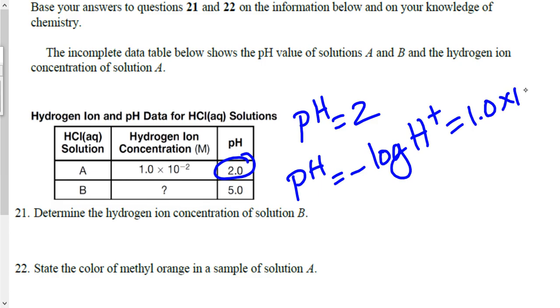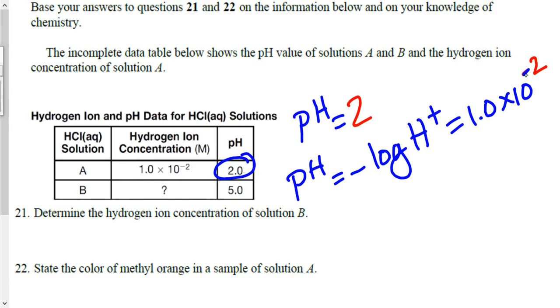So when the pH was 2, the hydrogen ion concentration was 1.0 times 10 to the power. I'm going to change this color, focus on the color. So when the pH was 2, the hydrogen ion concentration was 1.0 times 10 to the power negative 2. That's the number we're looking at, the exponent.